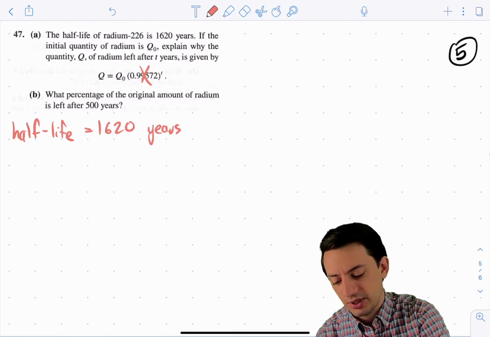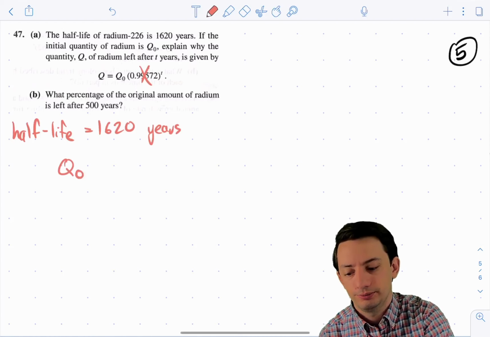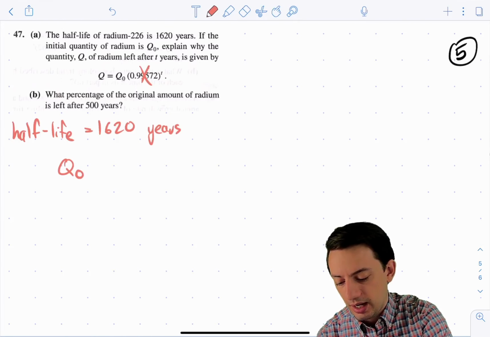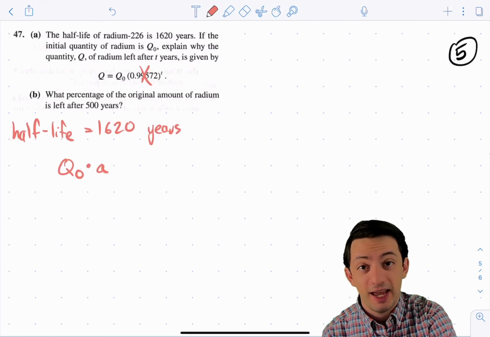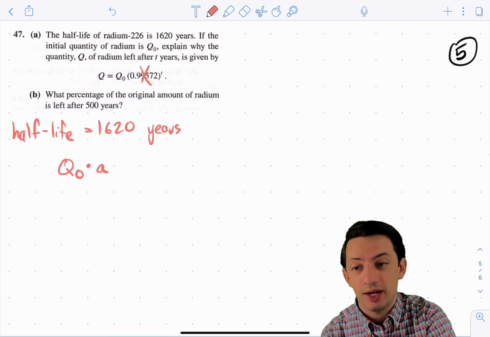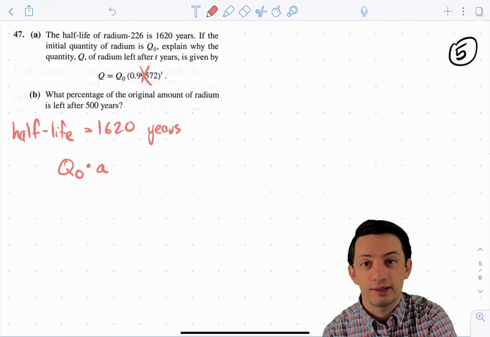So that tells us if I start with Q0 and I multiply by whatever my decay is, which we don't know yet, we're going to show that it's, well, it's not really this, but we're going to try to figure out what it is, to the 1620, then how much is left? Well, if that's the half-life, then how much is left is half of Q0, Q0 over 2.